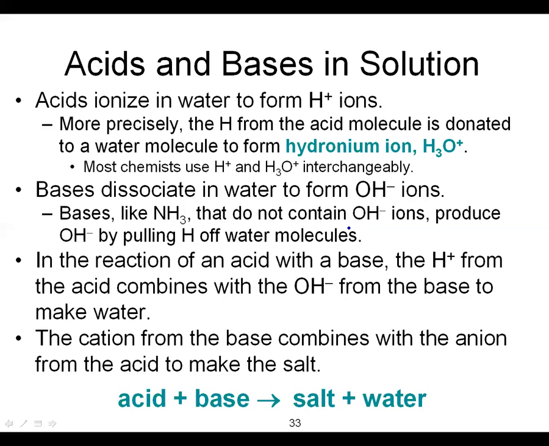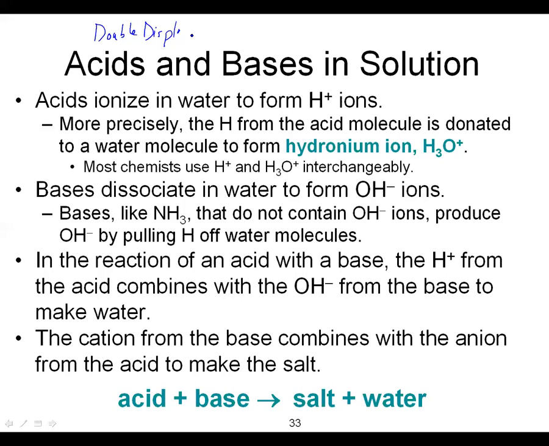All right, so let us get started then. We've been talking about types of reactions, ways to classify reactions, and a big classification of reactions, which is double displacement reactions.